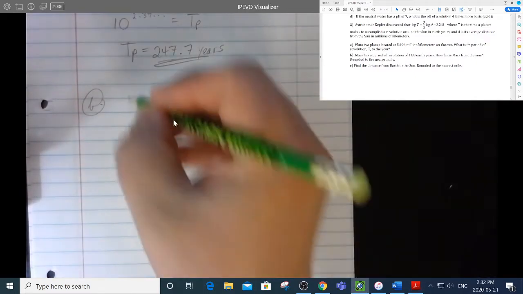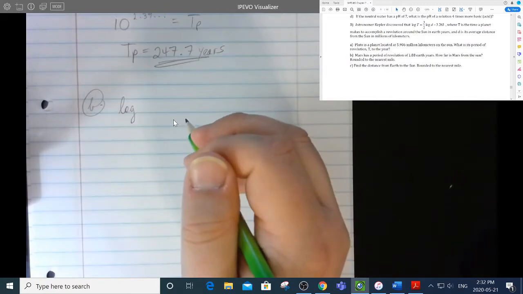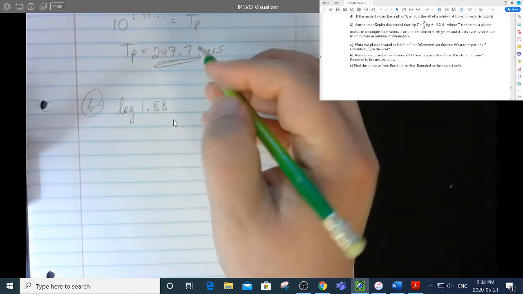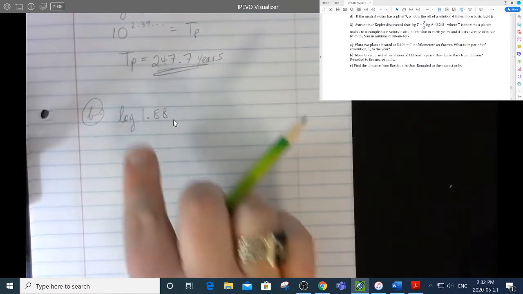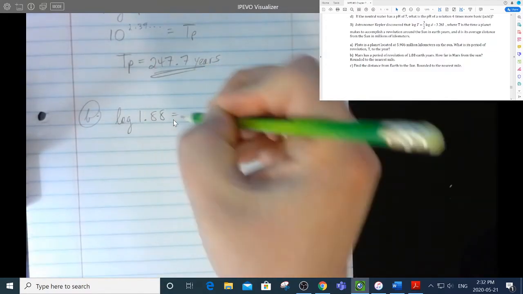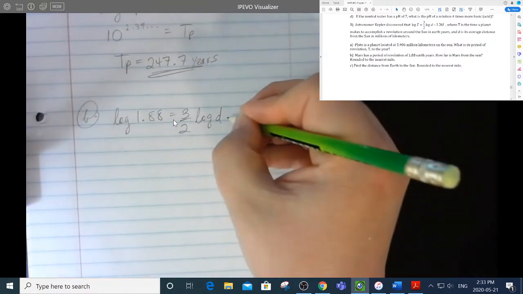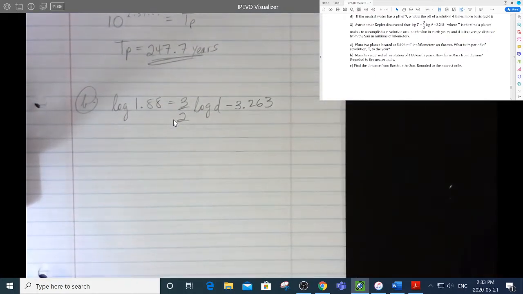Okay, so the log of T, and I know T this time. I know that the period is 1.88 Earth years. So I'm going to put that there instead of the T, and that equals 3 halves of the log of the distance minus 3.263. Okay, what do we do with that?